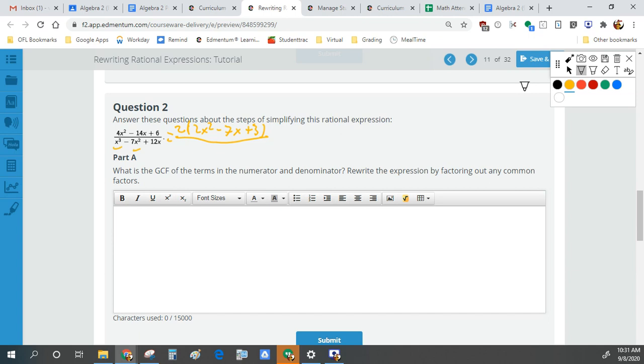Here, all of these have an x. So I'm going to take out an x and I get x squared minus 7x plus 6. All right, so they just wanted me to do the GCF for this one.